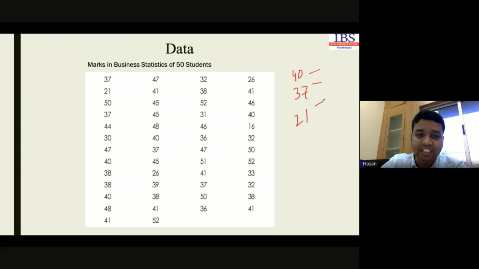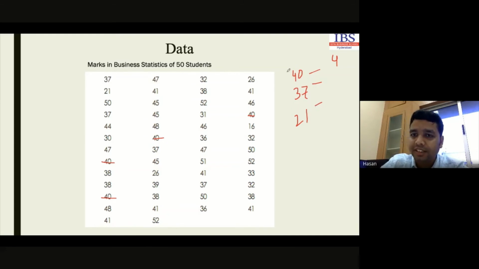If we organize this one, 40 means, look here, this is 1, 2, 3, 4 students scored 40 marks. So we can write it 4. This 4 indicates the frequency of this 40 marks. Again, 37, there will be some different frequency. 21, there will be another frequency.